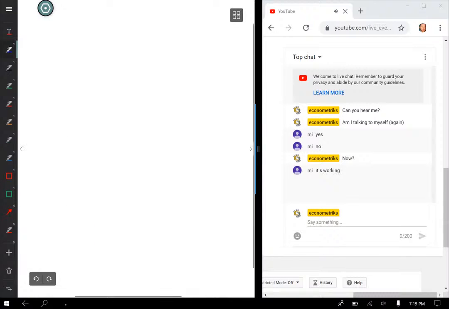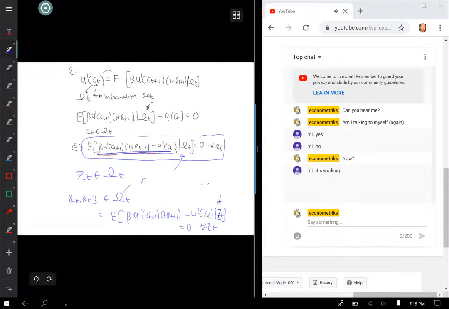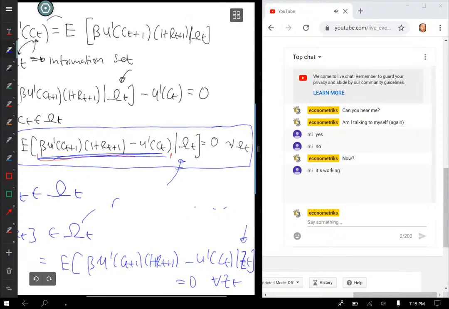To show it formally, to write it in a general framework, just call all of this here xt, for shorthand.